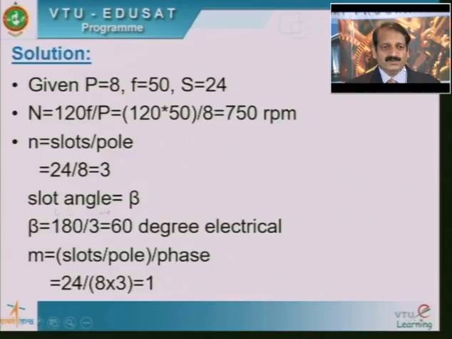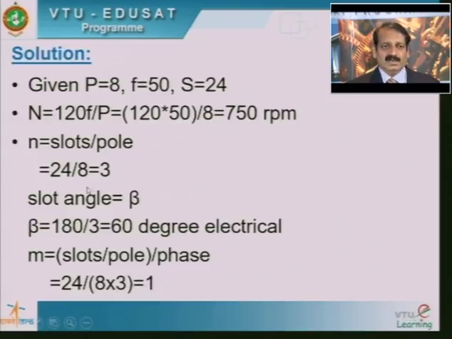So, if 3 slots are allotted under each pole, they should also have windings allotted for 3 phases, since it is a 3 phase machine. So, the number of slots per pole per phase is given by 24 divided by 8 into 3, which is 1.